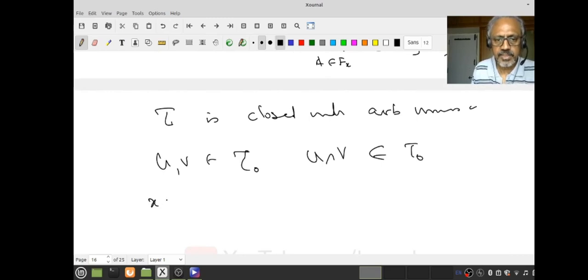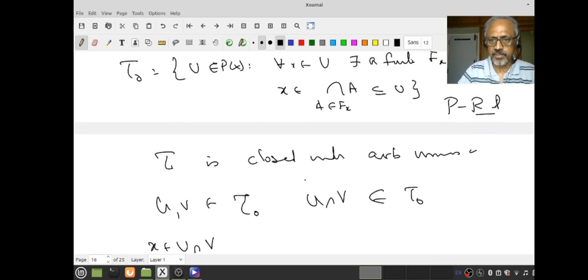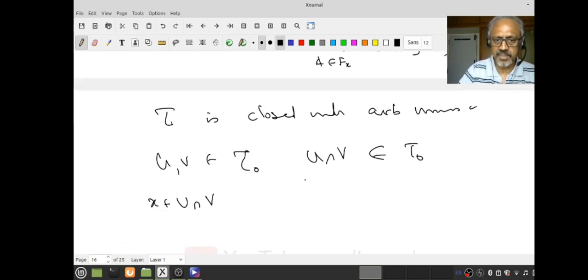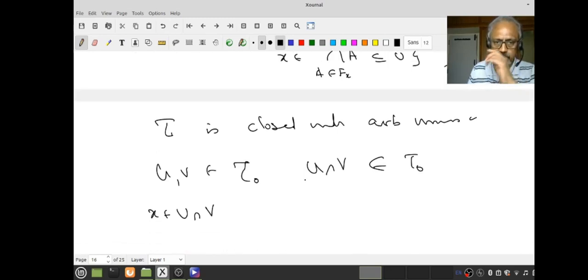So let X belong to U intersection V. To show U intersection V belongs to tau naught, what should I do? Take any X in U intersection V, then I have to find a finite collection of script A, with a finite number of elements in that subcollection, that contains X and is contained in U intersection V. You understand?